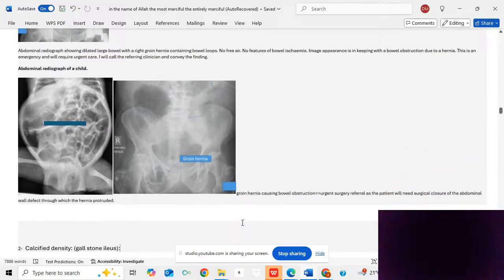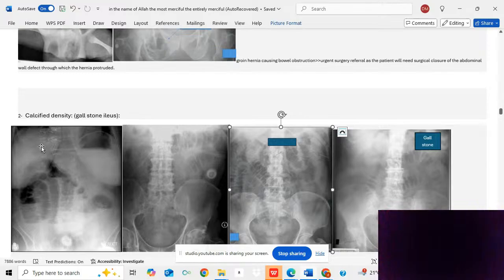Okay, after that, the next important thing you need to look for is evidence of any calcified density here or here or here or here. This is the gallstone area.